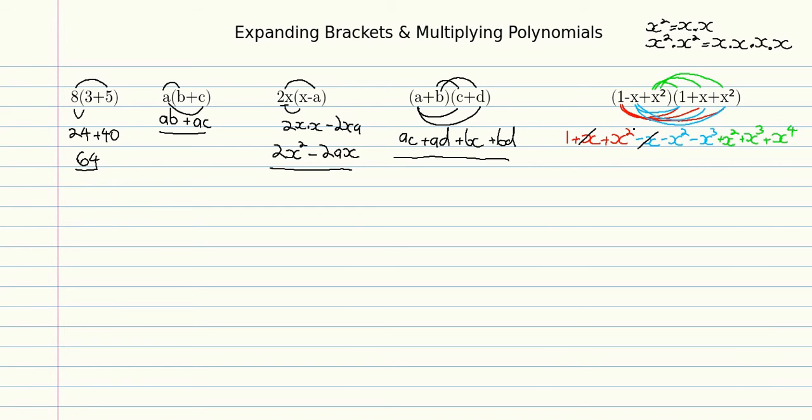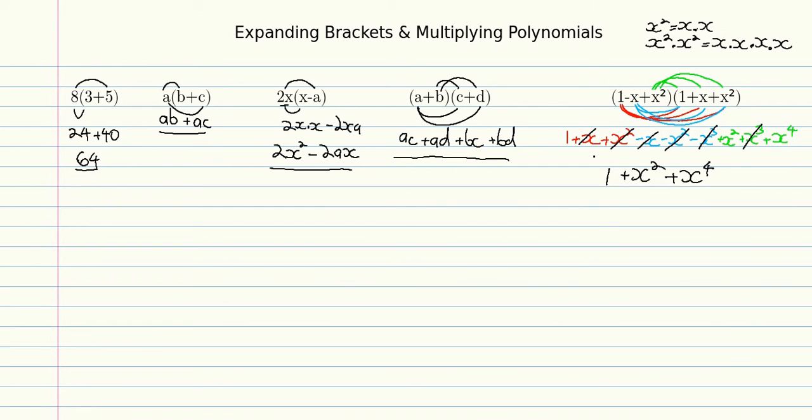Plus x squared minus x squared cancels out, minus x cubed plus x cubed cancels out. And so the answer is 1 plus x squared plus x to the power of 4. And that's the answer to the last one.